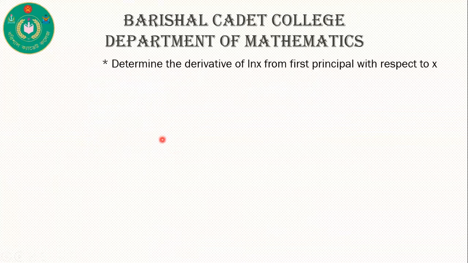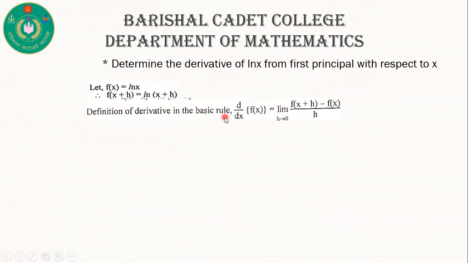Now another question. Determine the derivative of ln x from the first principle with respect to x. Here let f of x is equal to ln x, then putting x equal to x plus h. Now from the definition of derivative, we can write d by dx f of x is equal to limit h tends to 0 (f of x plus h minus f of x) by h.